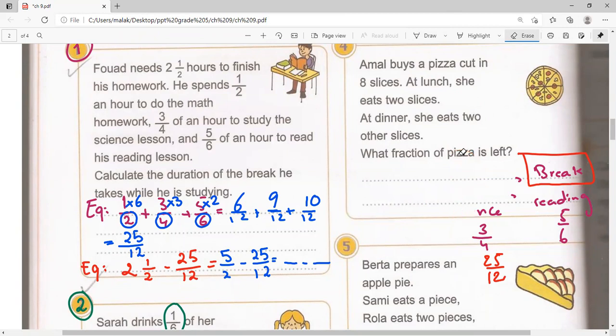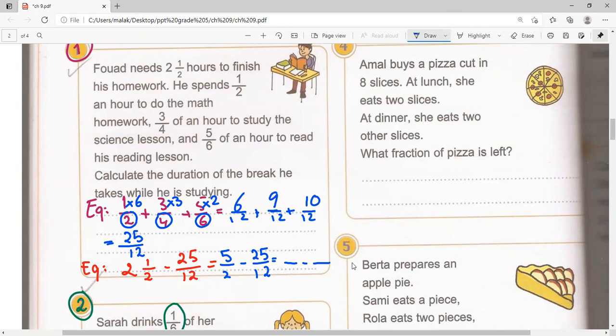It's easy, no need to write it. Help her. It's 12, exactly.